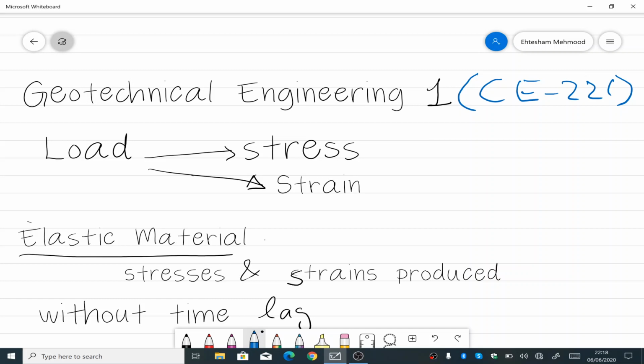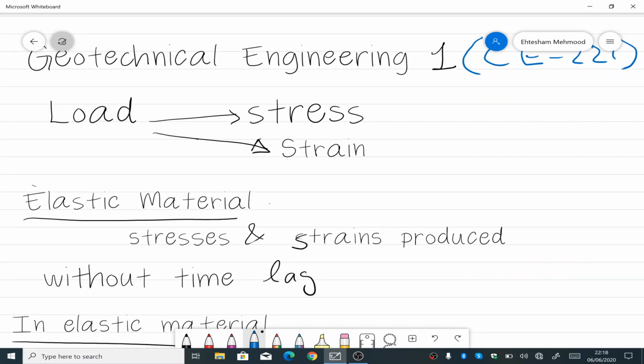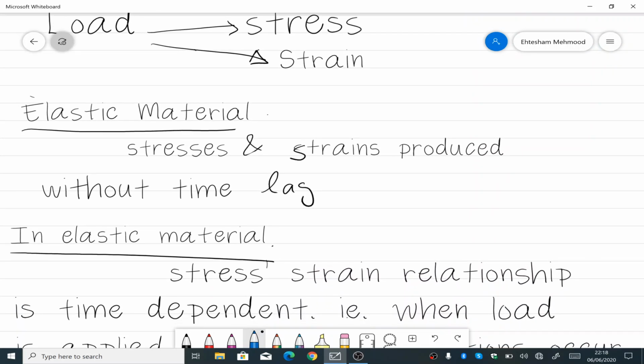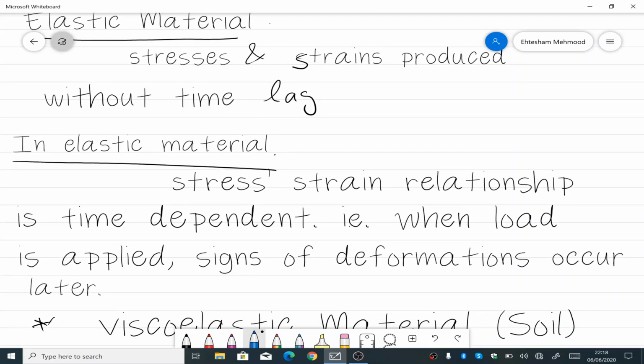We know that whenever load is being applied on any body, stresses and strains are produced in that particular body. In elastic materials such as steels or rubber, stresses and strains are produced without any time lag. Whereas in inelastic material, stress and strain relationships are time dependent.